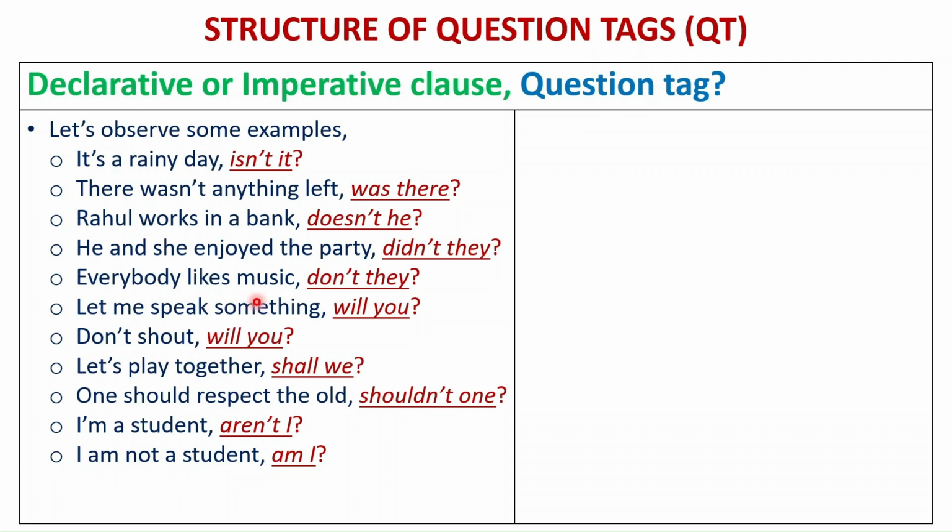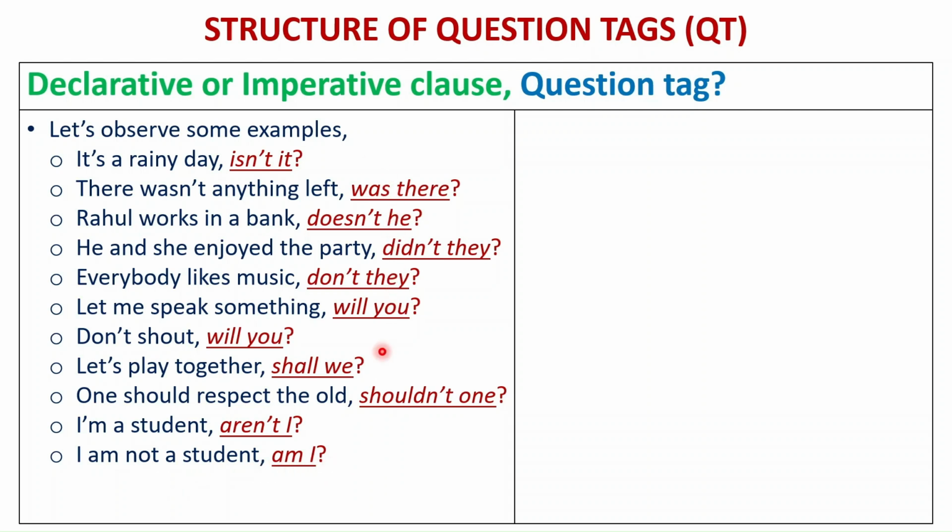Everybody likes music, don't they? Let me speak something, will you? Don't shout, will you? Let's play together, shall we? One should respect the old, shouldn't one? I am a student, aren't I? I am not a student, am I?